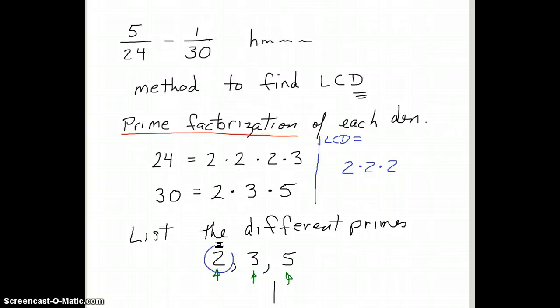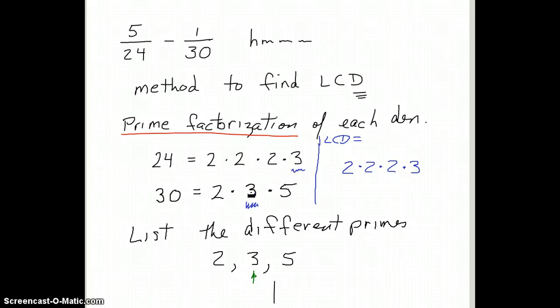Now I'm going to look at 3. 3 occurs once in 24, and it occurs once in 30. So I will take it once. Notice I only take it once.